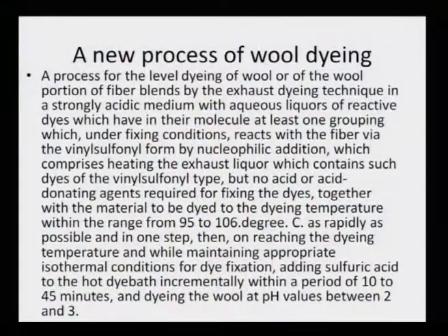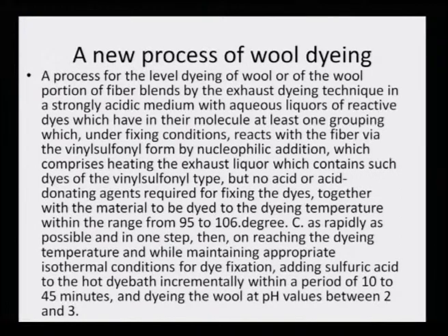So, here was a dyeing recipe given to you for using reactive dyes under the exhaust dyeing technique, and in that the main requisite was that the dye molecule must have one group of vinyl sulfonyl form. Only then this type of reactive dye can be chosen, and then the following step, heating it up to between 95 to 106 as rapidly as possible in one step, so that dye fixation can take place.